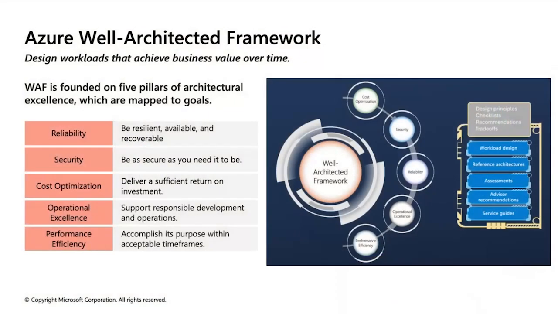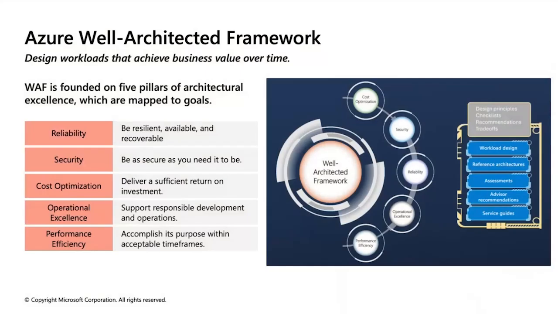Basically, WAF is a kind of solution that we can use to assess our cloud environment based on best practices and recommendations, to see whether we have implemented those recommendations or not.